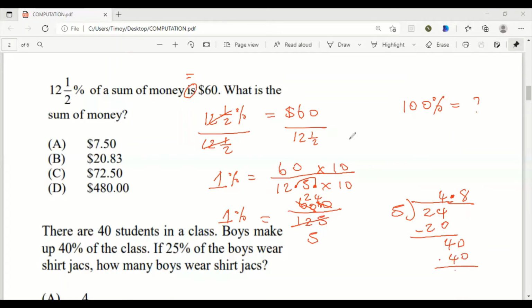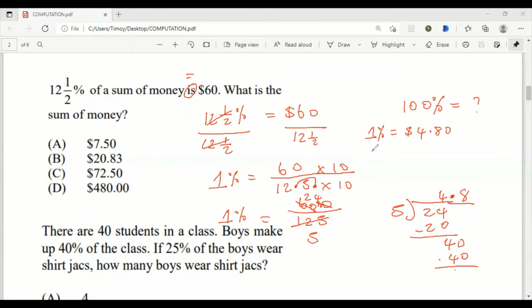So what we are seeing is that we now know that 1% of the money is going to equal $4.80.